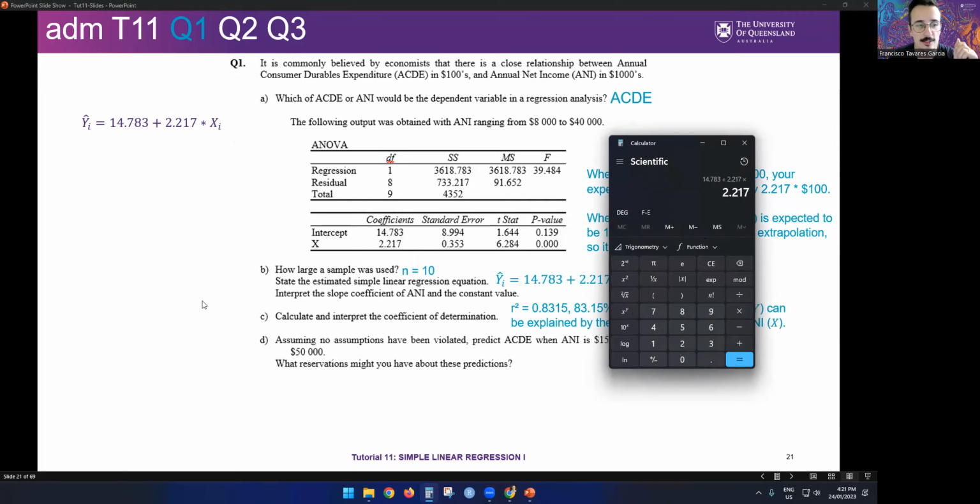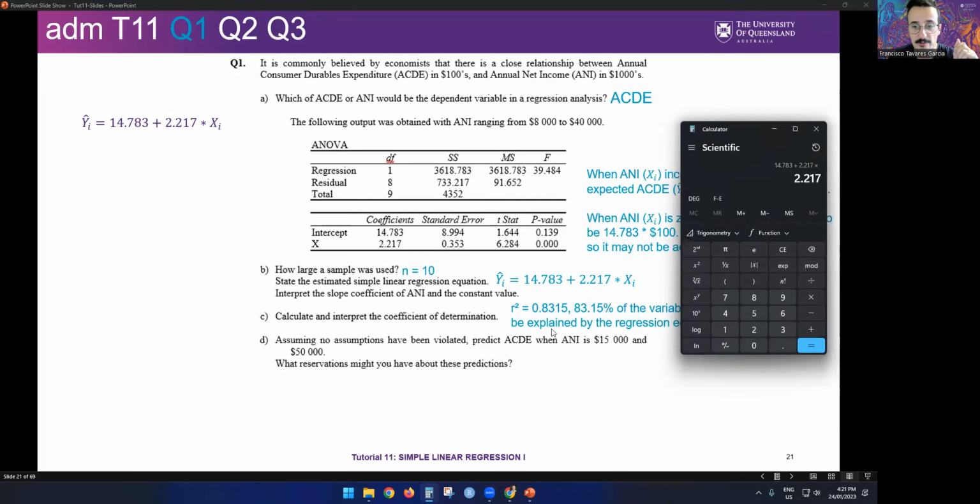Would you guys be able to say yes or no in the chat? Is it 15,000? Yes or no? Think about it. So remember, our annual net income value is in thousands already.